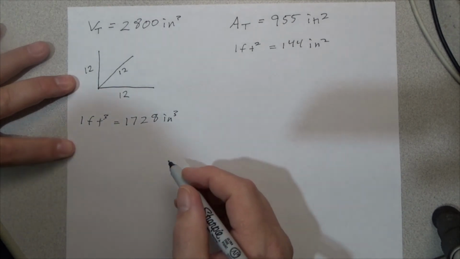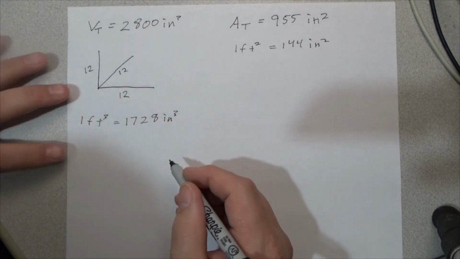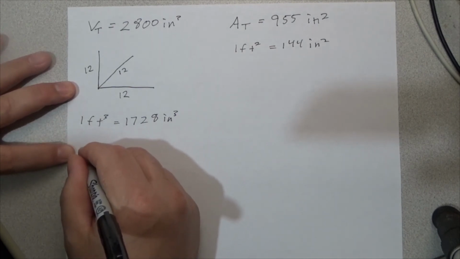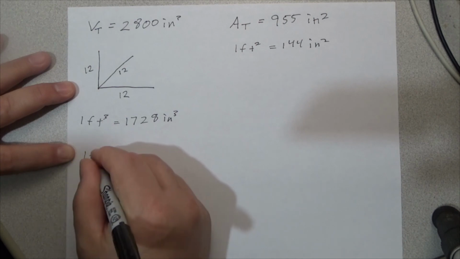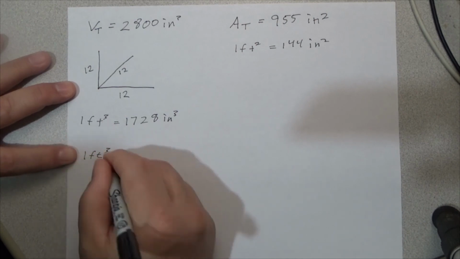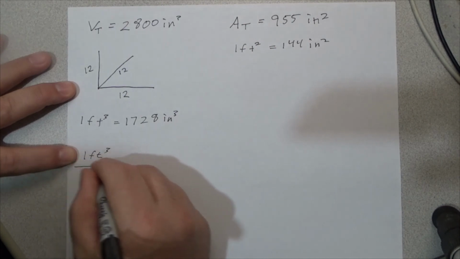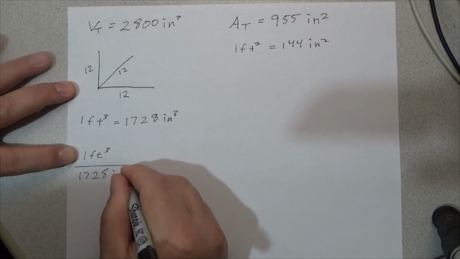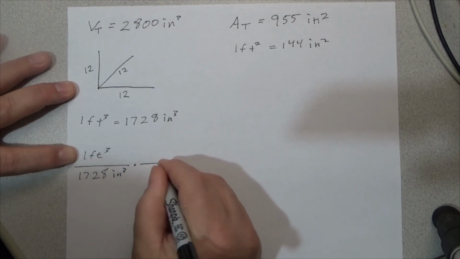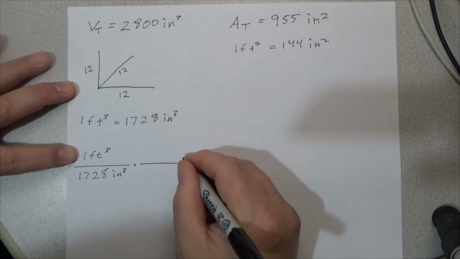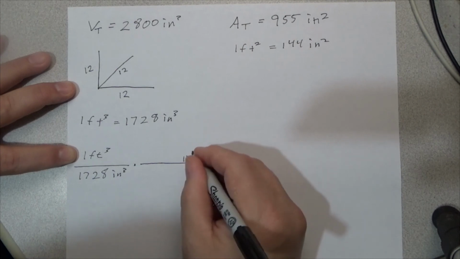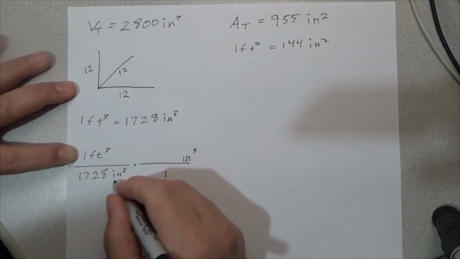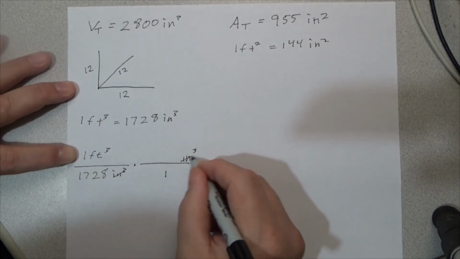Okay, so let's take care of this one first. They're asking for feet cubed, so I'm going to put that in the top. 1 foot cubed is the same as 1,728 inches cubed. Multiply that by a fraction. I need inches cubed in the top, and I'll just put a 1 right there. Now, this unit and this unit are going to cancel.